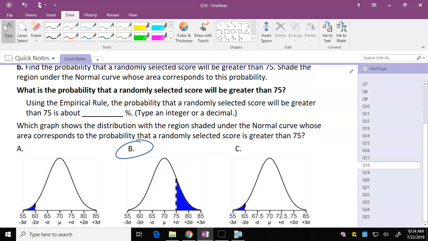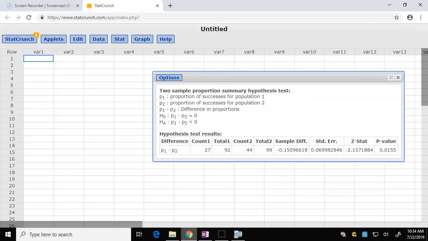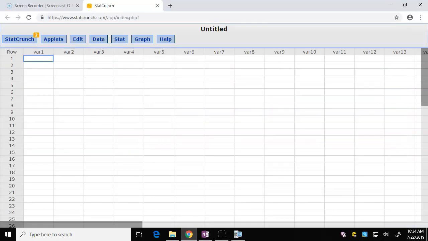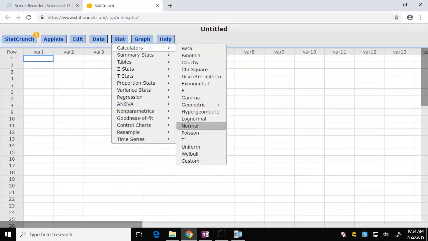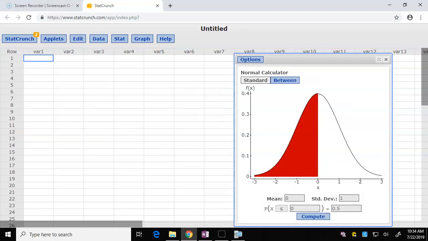Label the chart. Yeah, we can actually do that. But where else could we go? StatCrunch, right? We can run this kind of information in StatCrunch. Where would I go in StatCrunch? Yeah, right? Stat, Calculators, Normal. Put in our information, right?